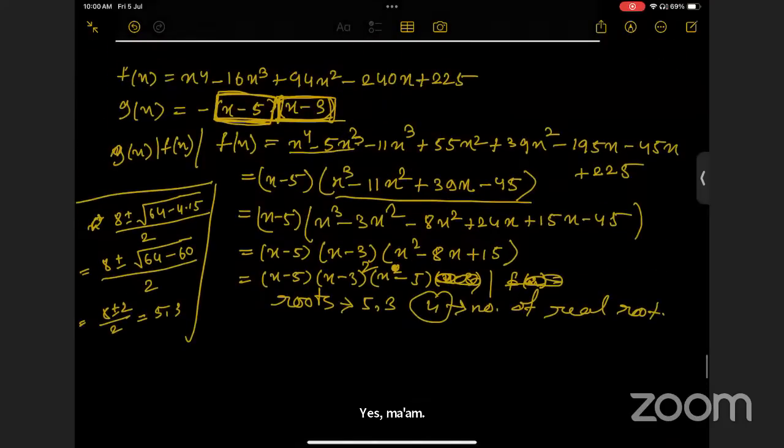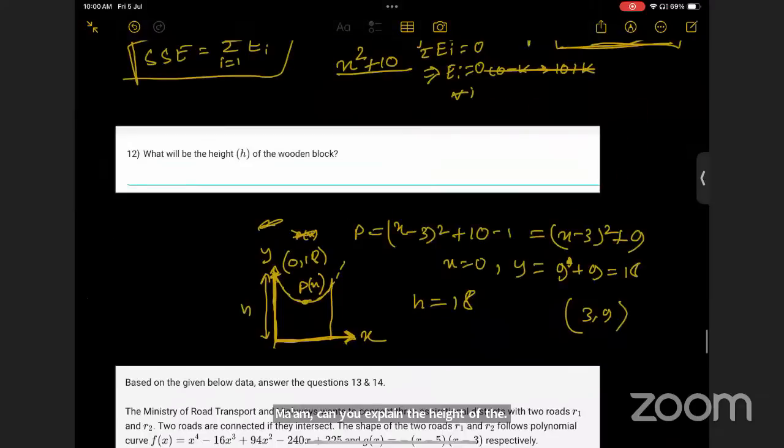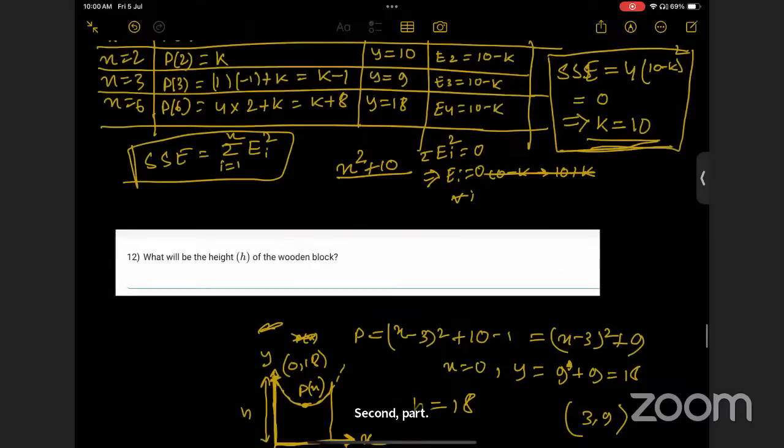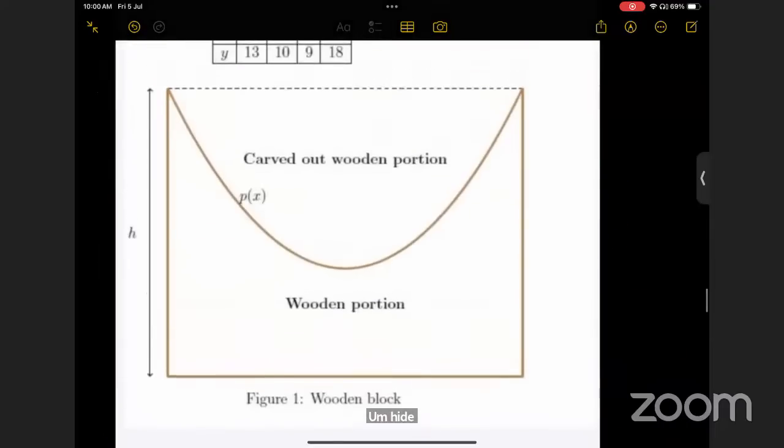Ma'am, can you explain the height of the wooden block question, the second part? In this graph, if I take this line, the height, as our y-axis and the bottom line as our x-axis, then is it enough to find the y-intercept of the parabola?